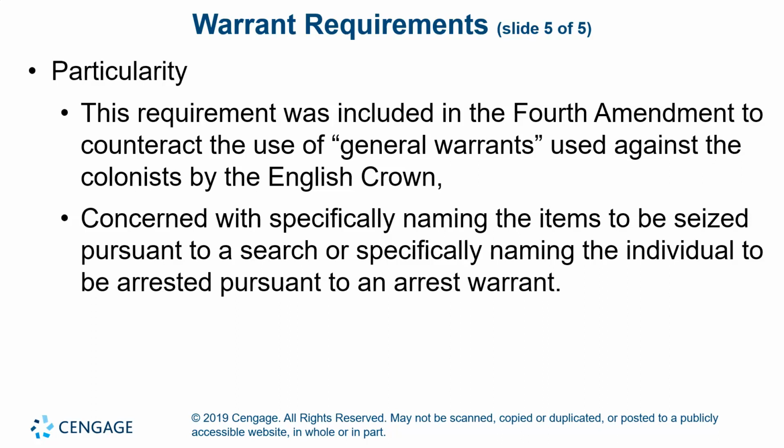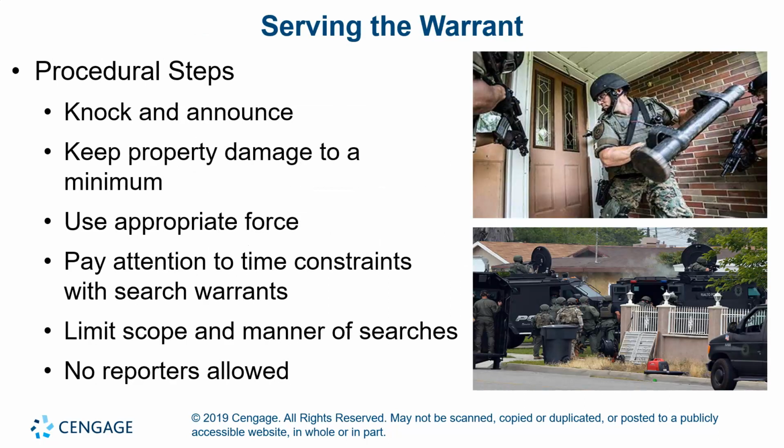But at the very beginning, again, they want you to describe what it is you're looking for and where you're looking for, because that particularity requirement is designed to curtail potential abuse that may result from an officer being allowed to conduct a search with basically unbridled discretion, meaning like, I'm just going to go there and search through all your stuff, and if I find something, great, and if I don't, well, fine.